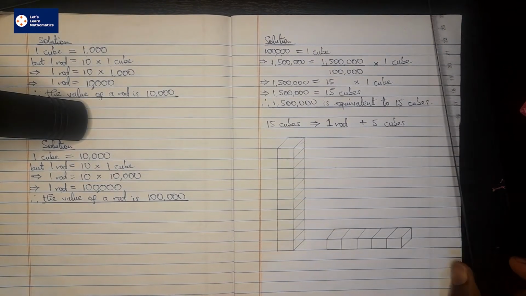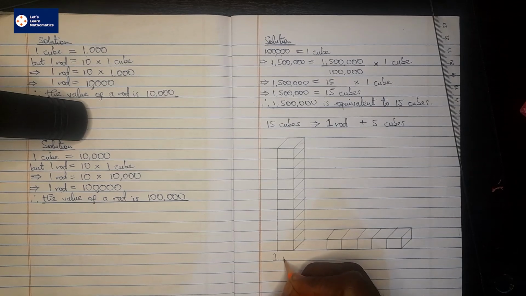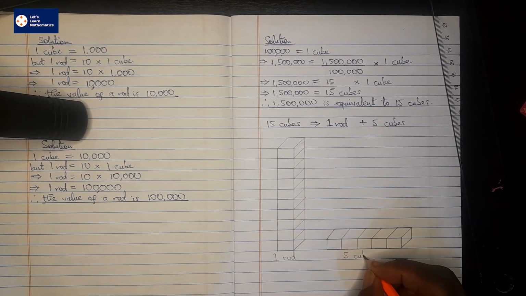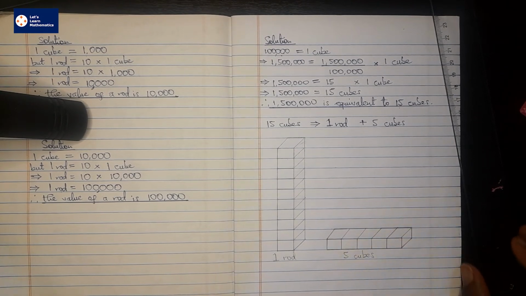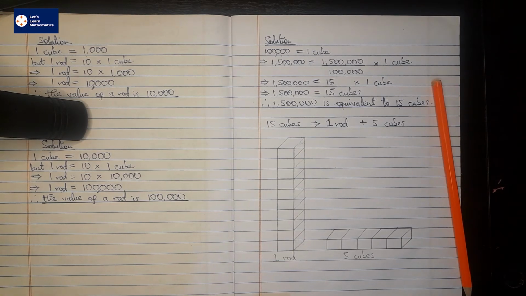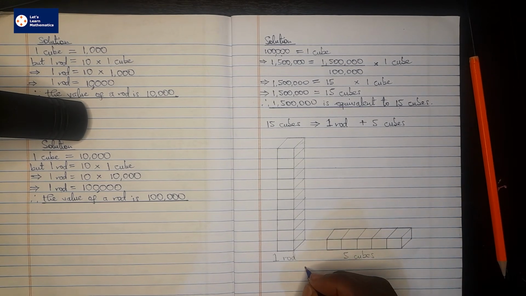Alright, so it means we have 1 rod and then 5 cubes. So this solves our question. We said we are modeling 1,500,000. So you can write it under it, 1,500,000. And that is your solution.